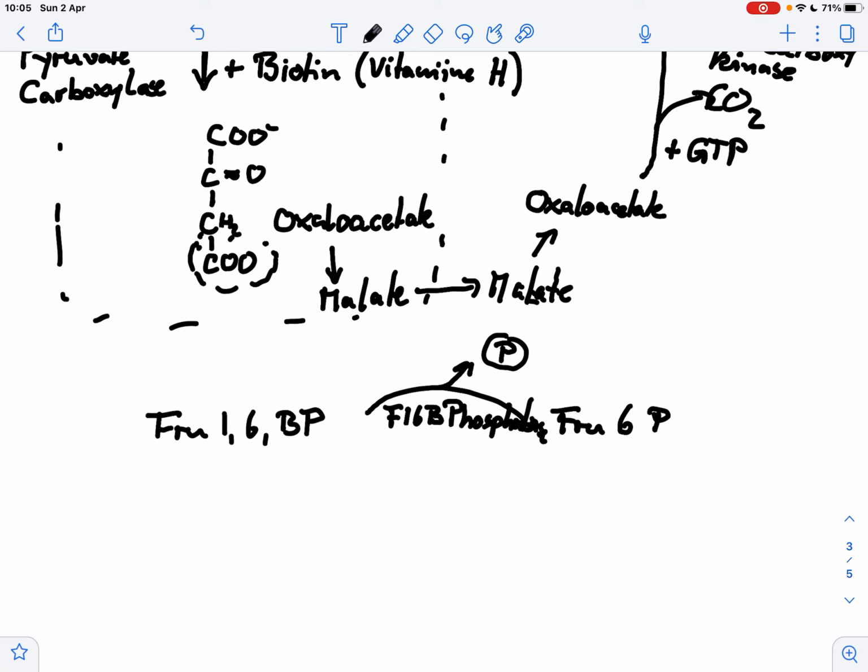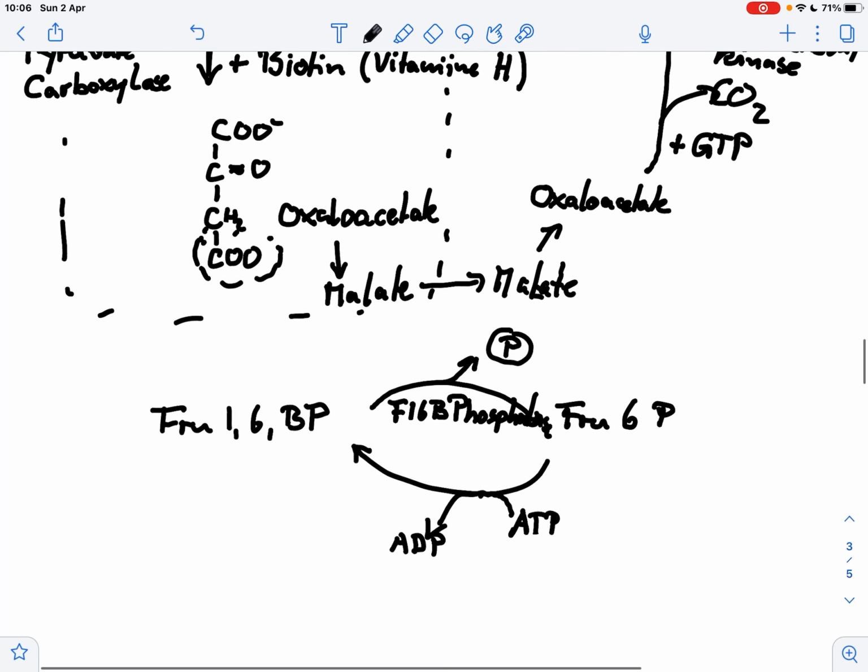Now this enzyme removes the phosphate group, and basically it is the reverse reaction of what we see in glycolysis, because in glycolysis we had, with the addition of ATP, we added a phosphate group to fructose 6-phosphate and generated fructose 1,6-bisphosphate. And this was carried out by the enzyme phosphofructokinase 1.